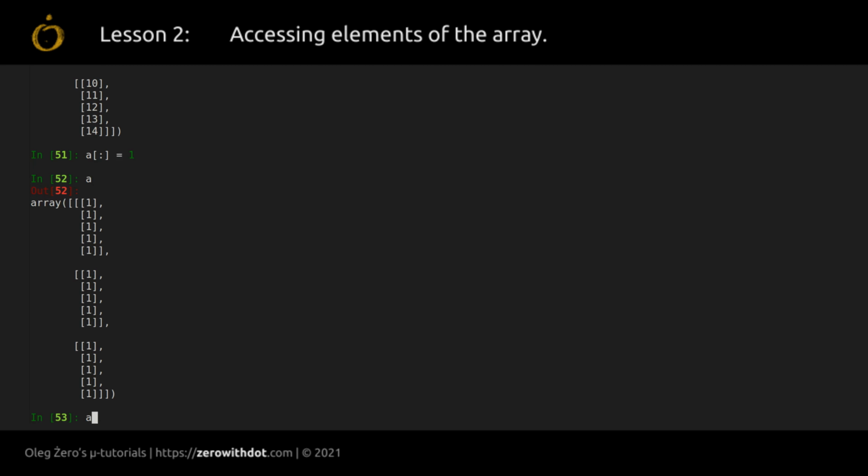If you want to access, let's say, a single column, then you would do, okay, get all rows and get the single column and then assign 2. And here you can see that we have 2 and 2 and 2 over here, right? So setting works in the same way, and we can also use slices if you want.